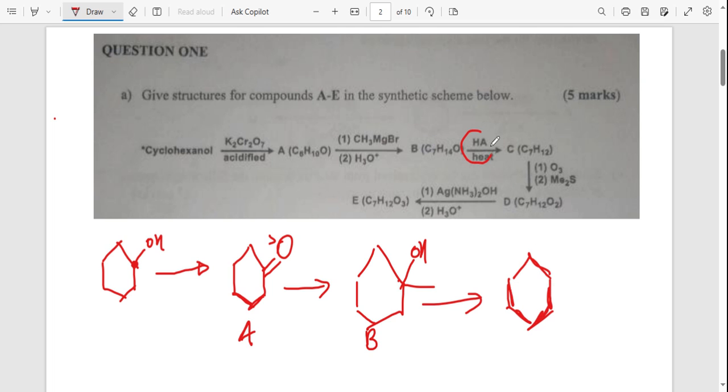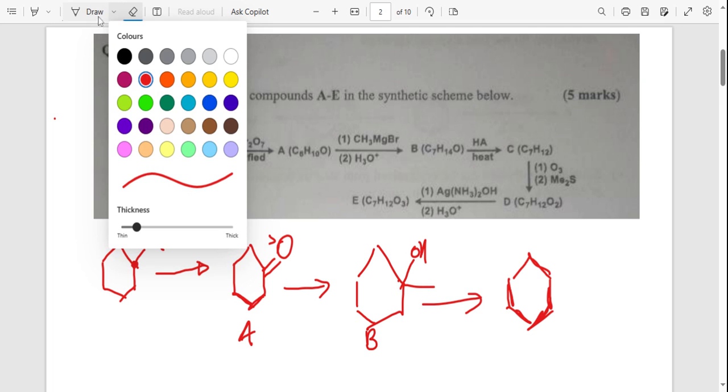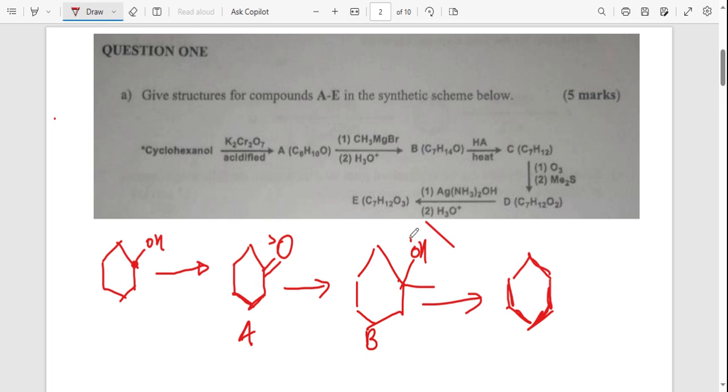So when you use an acid, for example sulfuric acid, you heat the solution, you form an alkene from an alcohol. What will happen is that this oxygen will grab that H. They've just given a general form of an acid, HA, to grab this hydrogen. This bond breaks off, and we are going to form protonated water, with two hydrogens and a positive charge. Then this group can leave, and we can grab a proton from any carbon one step away from this carbon.